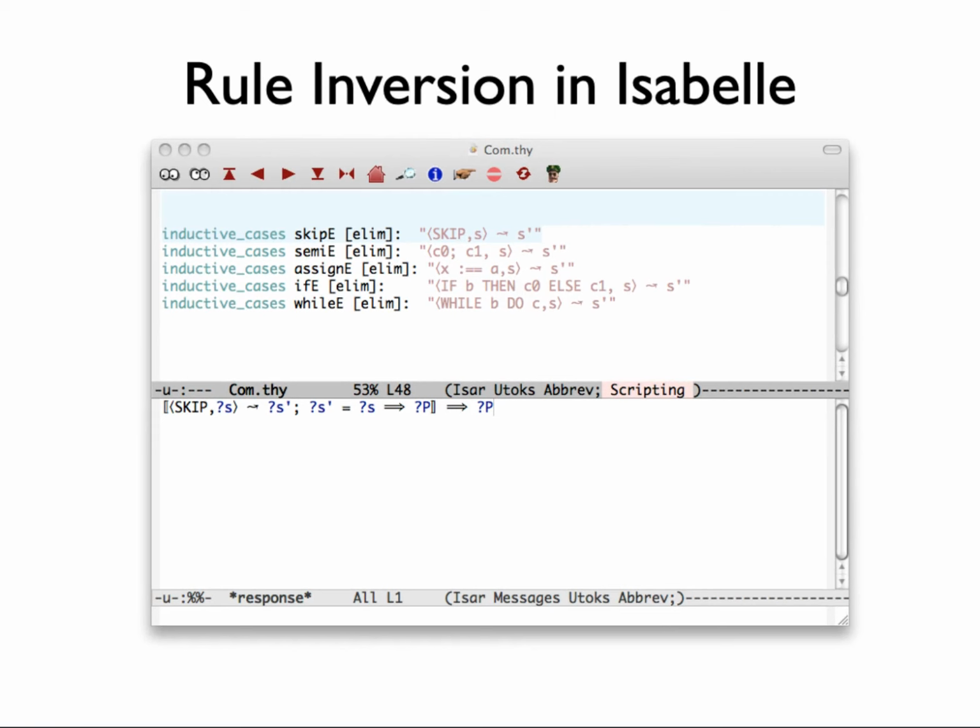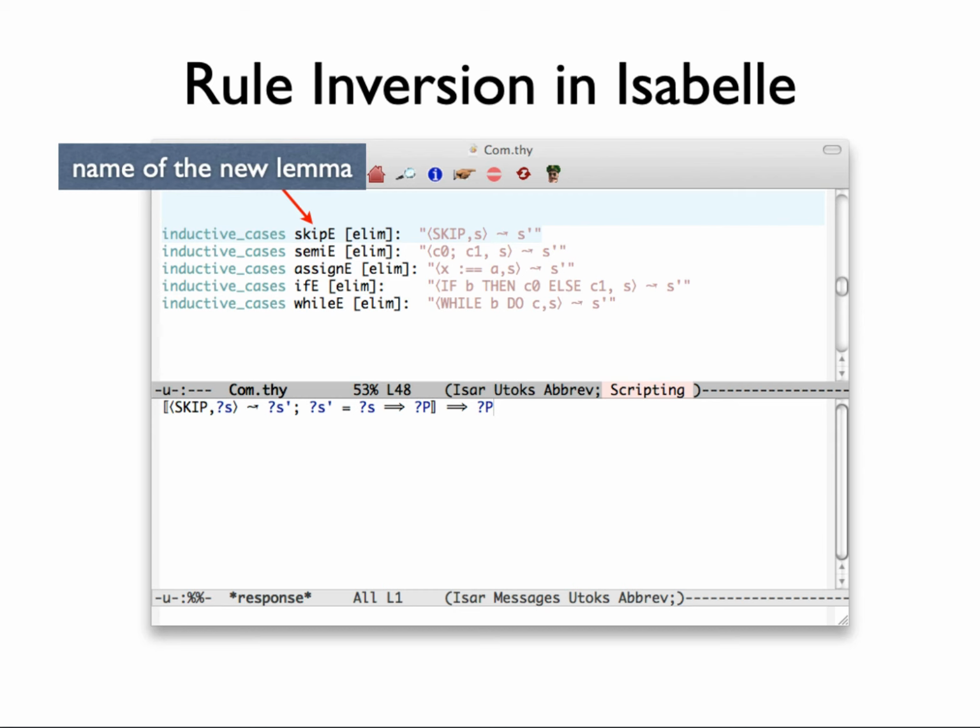This thing is called inductive cases. What you do here will generate new theorems for you. In this case, you can put whatever name you want to call it. I like to call elimination rules with a name that ends with E, but that's just me. Of course, you can call it whatever you want.